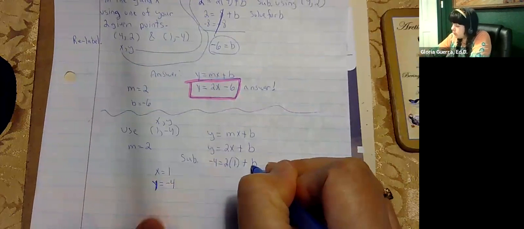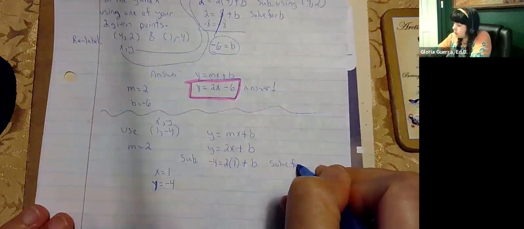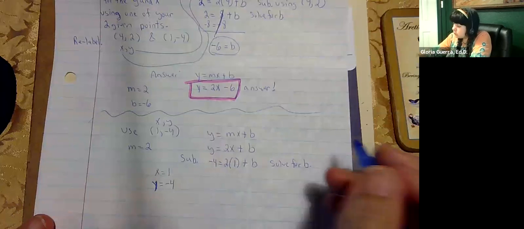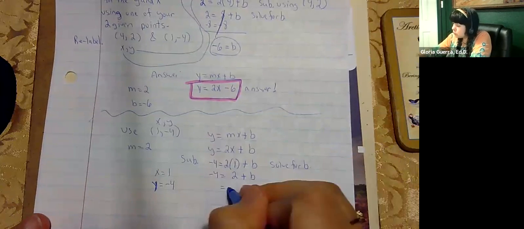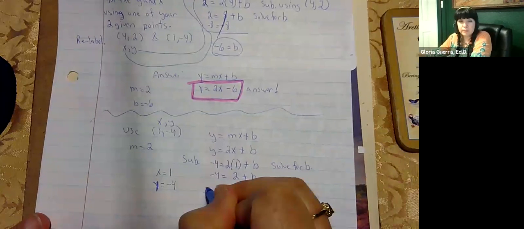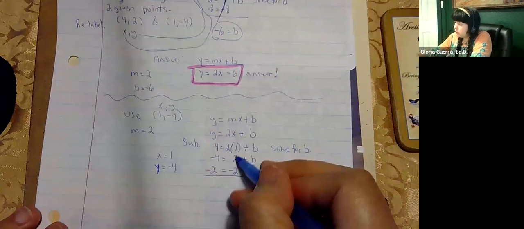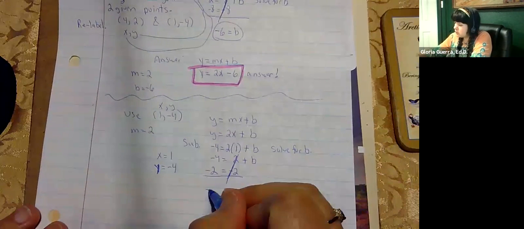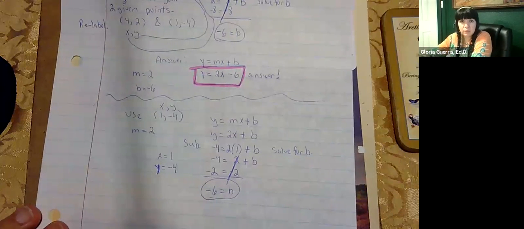And you're solving this for b. -4 equals 2 plus b, and then you're going to subtract 2 on both sides. These will fall out. -4 minus 2 is -6 equals b. So you see how you still get a -6, just like we got over here.